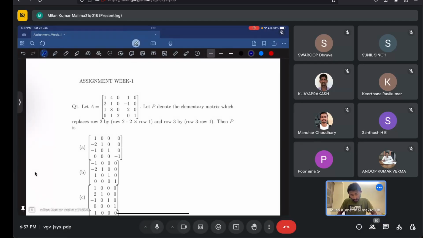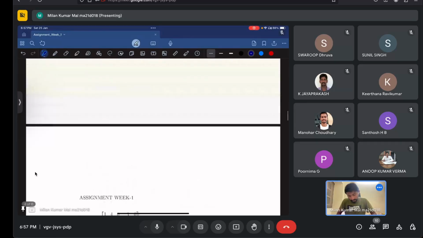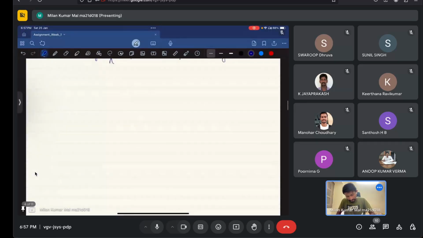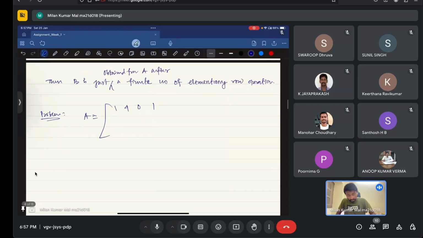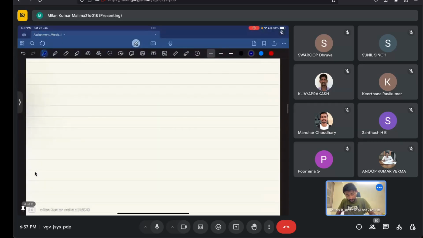Let A equals 1401, 010, a 4 by 5 matrix.